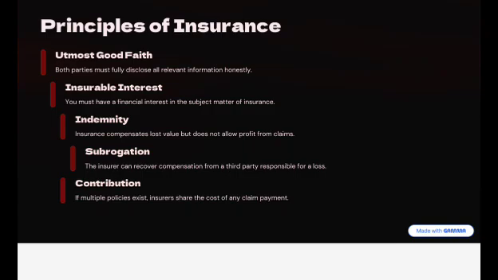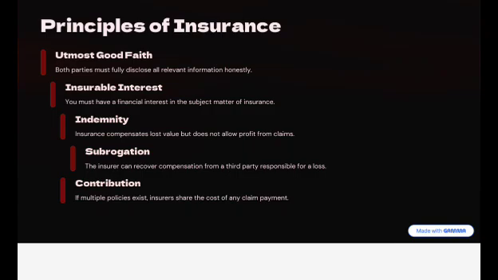Utmost good faith also applies especially in life, health and marine insurance. Another example: a person applying for health insurance must disclose any pre-existing medical conditions like diabetes or hypertension.